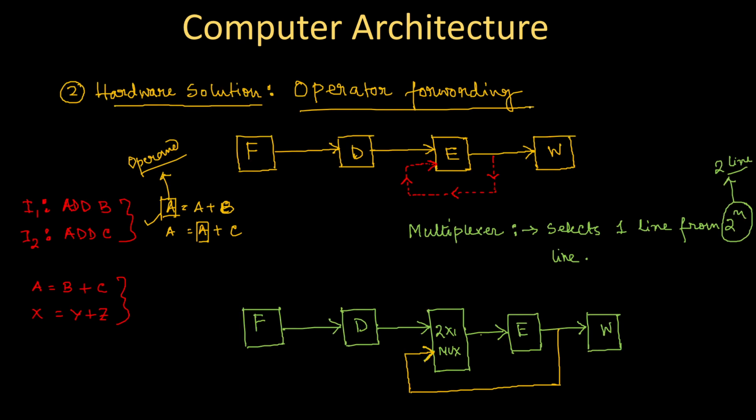And in case of the hardware solution, we have seen that we can design a little bit stronger hardware which can detect the hazard, and depending on that it can take data either from the previous units or from the output of the execution unit itself through the use of a multiplexer. So these are the two different approaches by which we can overcome the data hazard.